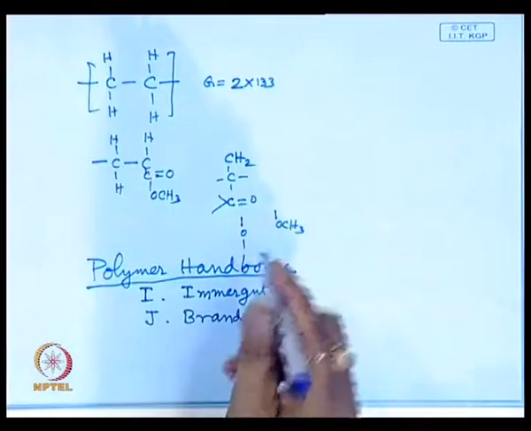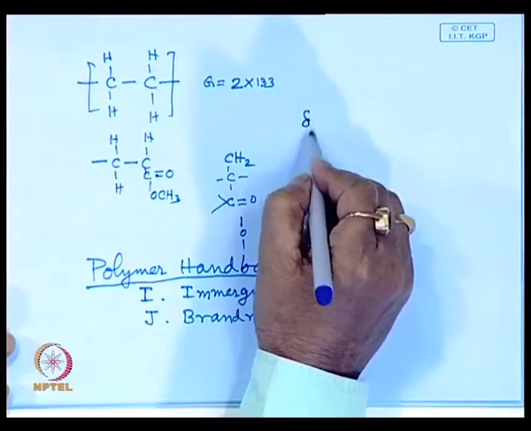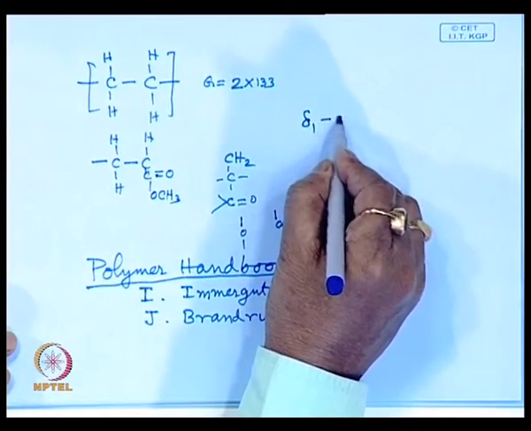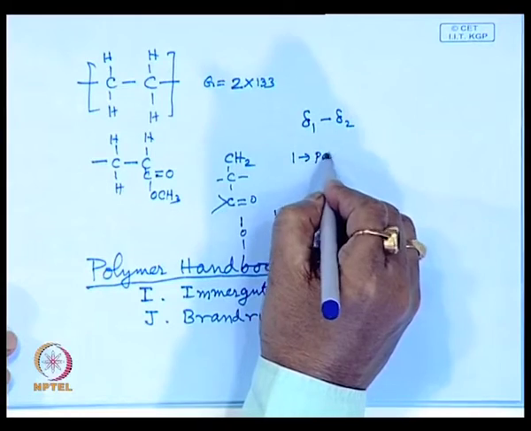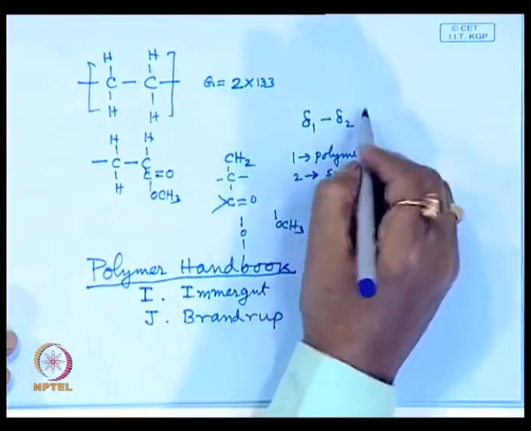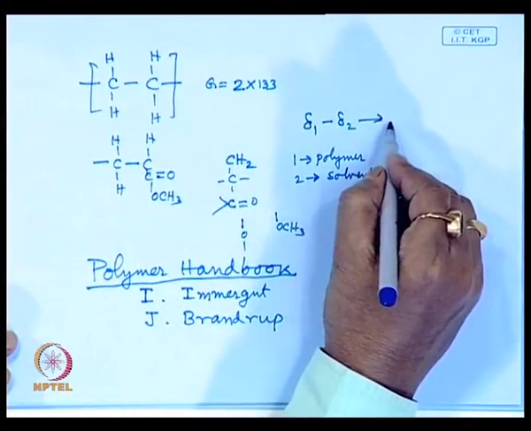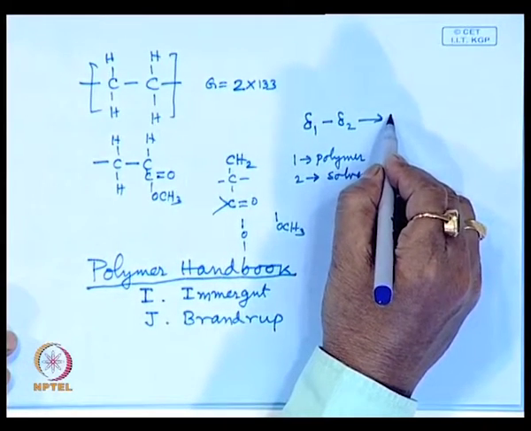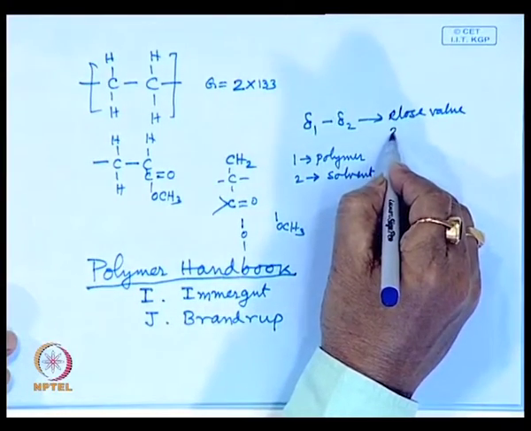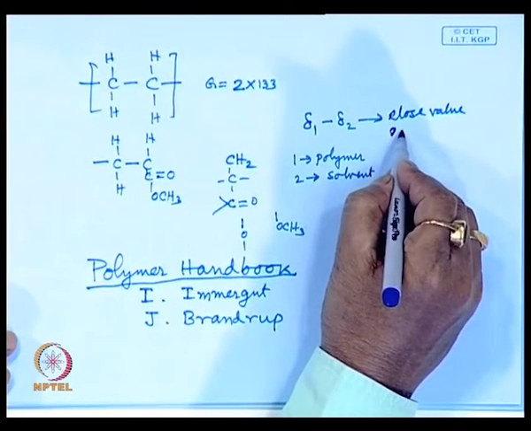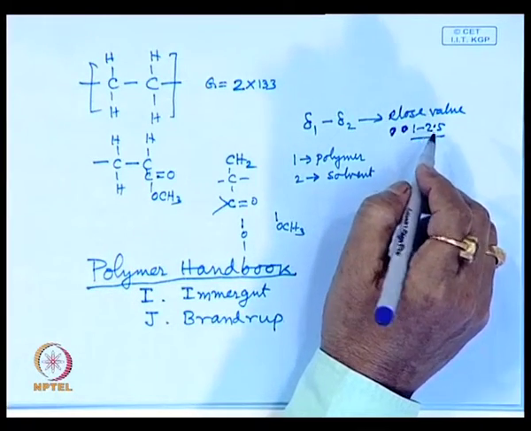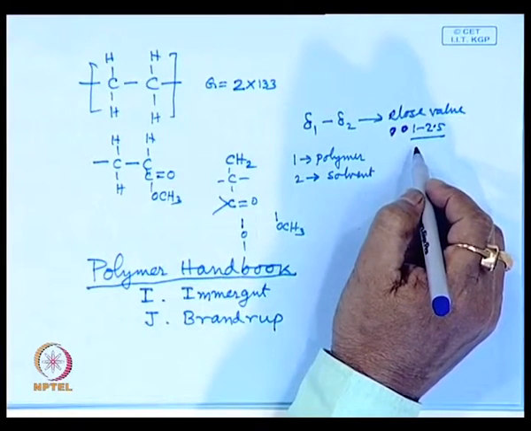How to judge then? Now, if the solubility parameter of a polymer and a solvent are very close, say if the difference is 1 to 2.5, then that can be miscible.